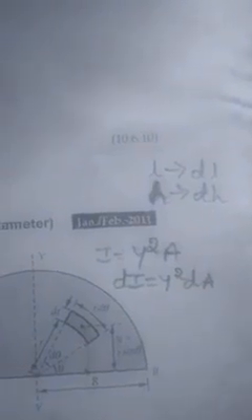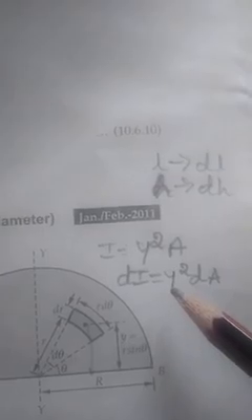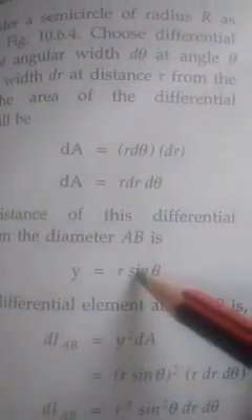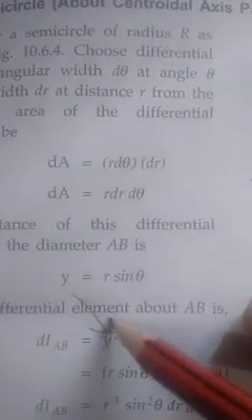Now what I will do is dI is equal to y square into dA. In the place of y, I can write r sin theta. I know that y is equal to r sin theta, so I will just substitute it.